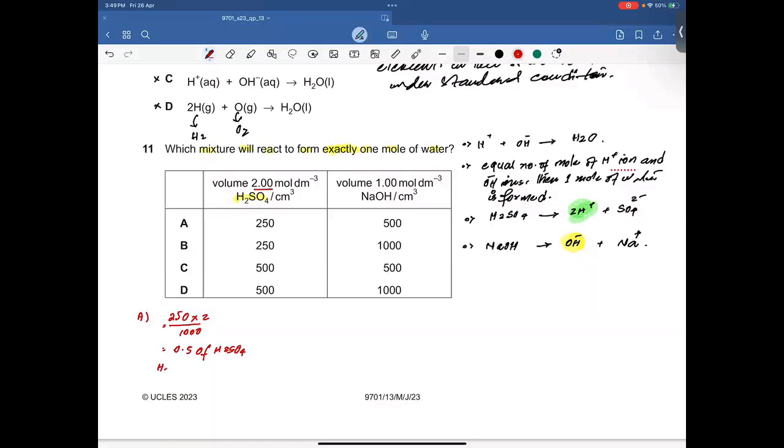Since H2SO4 and hydrogen ion have a 1:2 ratio, if we have 0.5 mole, obviously hydrogen ion is going to be 1 mole. So this will give you 1 mole of hydrogen ion.